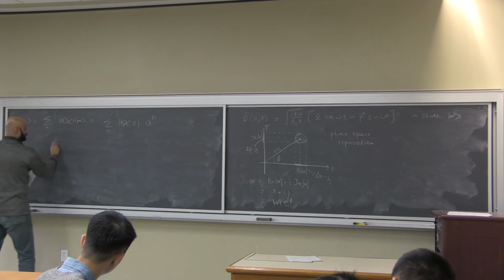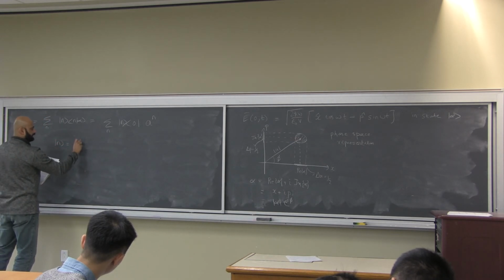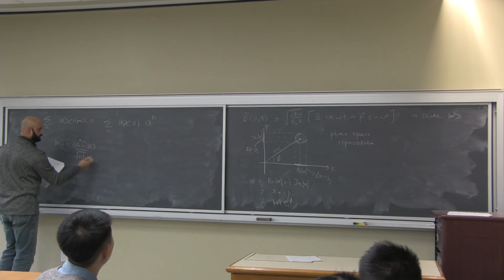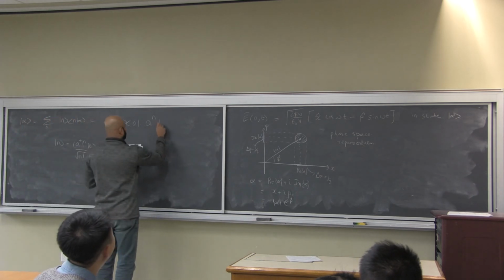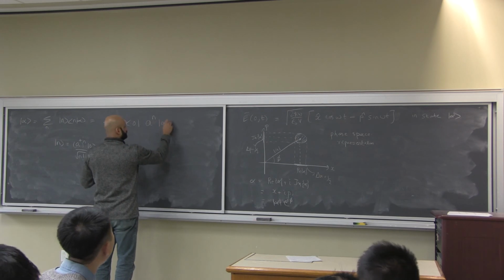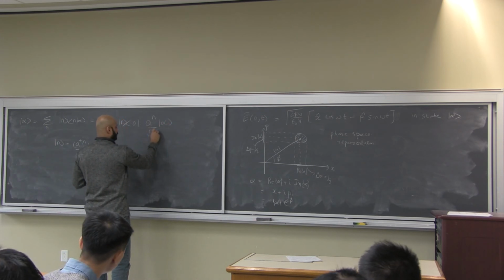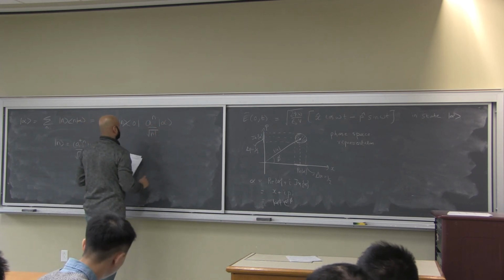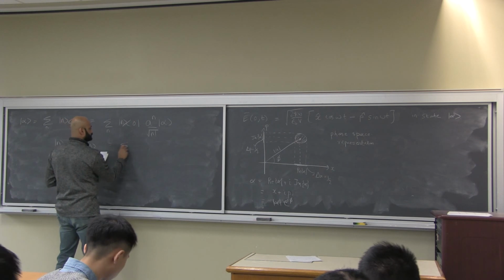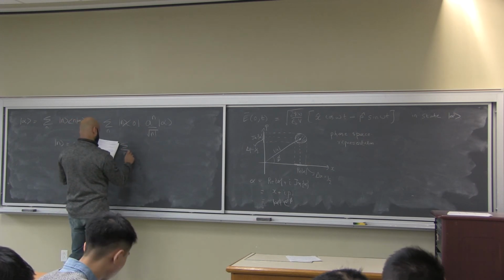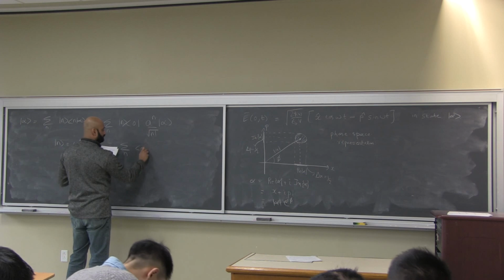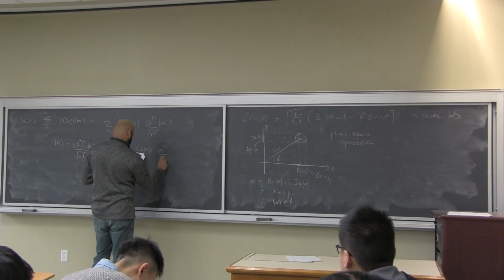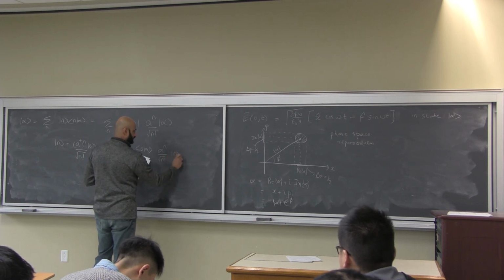Of course, any number state, I already wrote this down, is a dagger to the n acting on the state 0 divided by square root n factorial. And now I have to take that from the left, from the bra side. So that's just the same thing written with a acting on ⟨0|. And of course, a acting on alpha is simply alpha. So this just becomes the summation over n of ⟨0|α⟩ times alpha to the n divided by square root n factorial, acting on the state n.